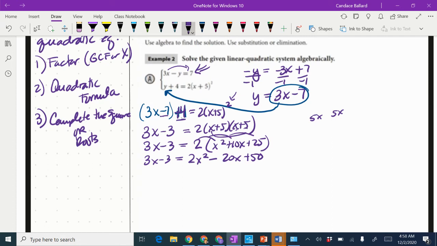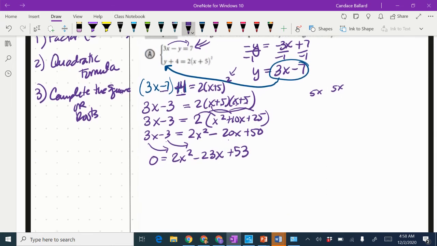In order to solve a quadratic, I know it has to be equal to 0. So I'm going to move the 3 and the 3x to the other side. So I get 0 equals 2x squared. Now I'm going to try to do a magic X on that, which is where I always start.